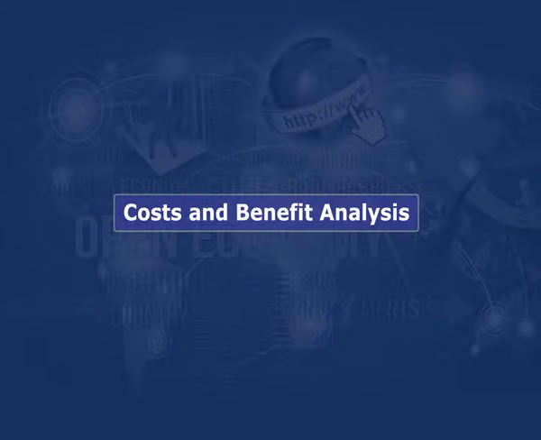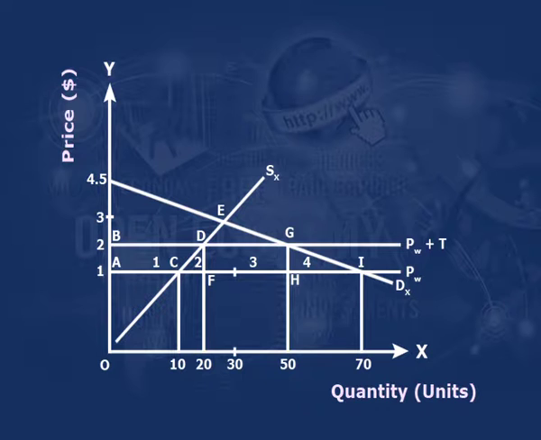Let us understand the cost and benefit analysis. As per figure 1, the reduction of the consumer surplus is ABGI, that is 1 plus 2 plus 3 plus 4, that is $60. DGHF is $30, collected by the government as import duty, and an increase in producer surplus is ABDC, that is $15.